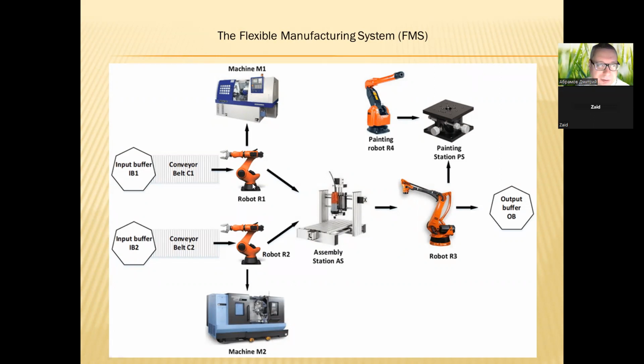It consists of robots, robot 1, 2, 3, and 4, assembly station, AS, machine M1 and machine M2, conveyors, conveyor 1, conveyor 2, and painting station, and then output buffer.